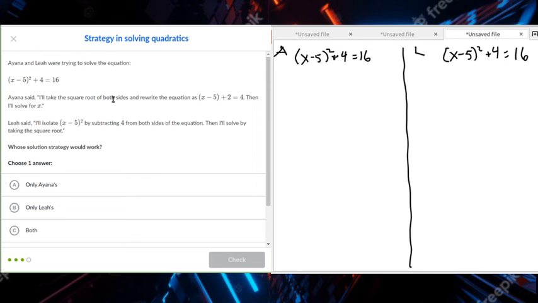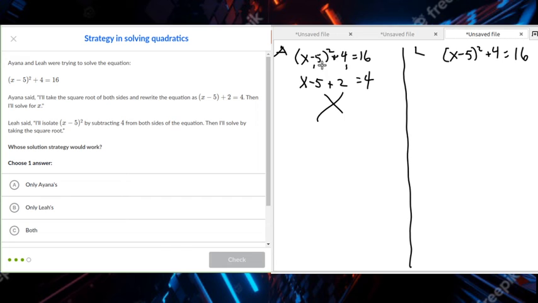Ayana said, I'll take the square root of both sides and rewrite the equation as x minus 5 plus 2 equals 4. Well, right here, that's a problem because you can't take the square root of this one plus the square root of this one. That doesn't work. So already Ayana has made a mistake here.